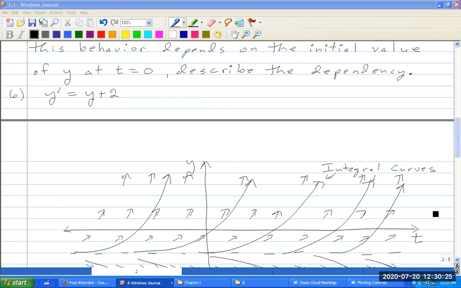I'm trying to think, is there any instance where a slope field is not the same as your direction field? Because a direction field is always associated with a differential equation. Is a slope field always associated with a differential equation? Not always.